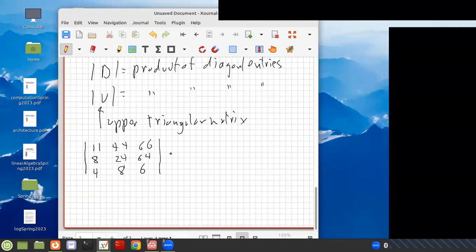What's the determinant of this matrix? Use row operations. Write down the matrix and figure out what the determinant is, and then we'll go back over it.